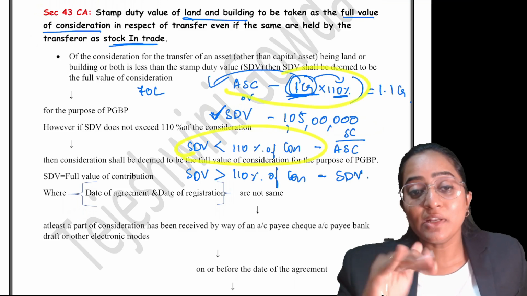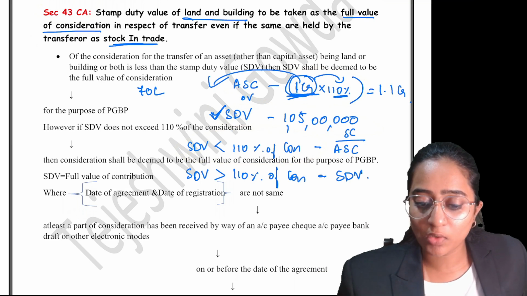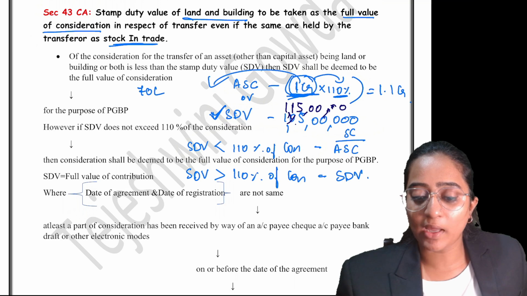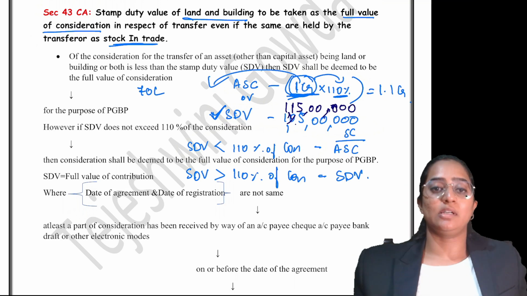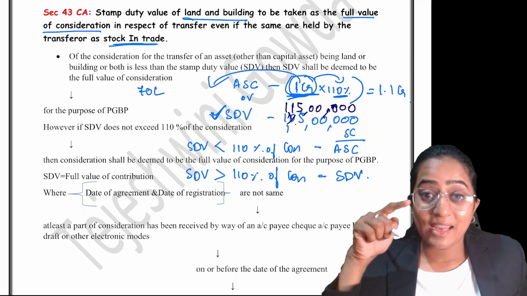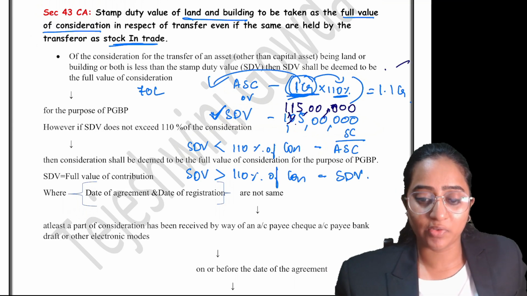If it is greater than that, suppose in my example it is not 1 crore 5 lakh, it is 1 crore 15 lakh. If it is 1 crore 15 lakh, then what would you do? It is very simple. Your SDV is now beyond 1 crore 10 lakh, it is 1 crore 15 lakh.